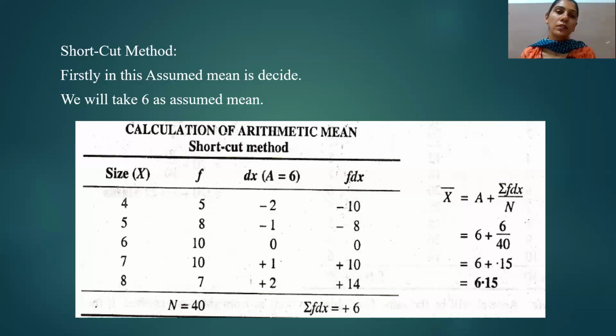So in the shortcut method the calculation is a little bit complicated, while in the direct method it is not that difficult. But the answer from both methods is the same. There is no change in the answer.